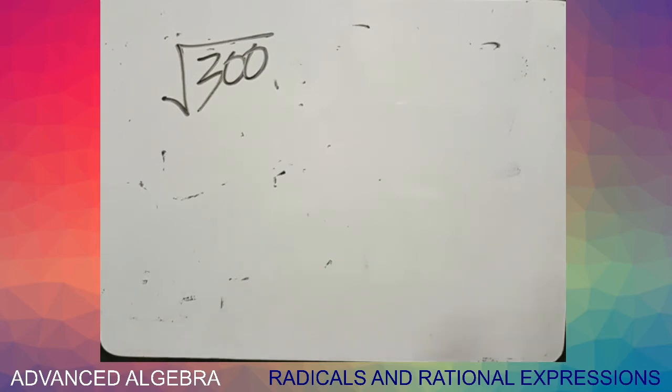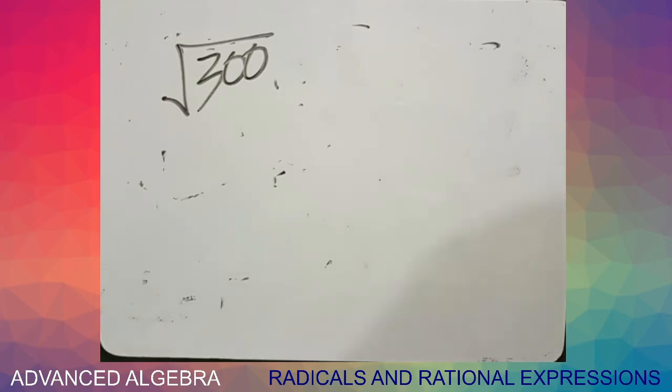It is not a perfect square root is 300 kasi walang number na pag pinag-times mo yung dalawang number na magkaparehas, ang sagot ay 300. So, hanap tayo ng factor na may perfect square root.